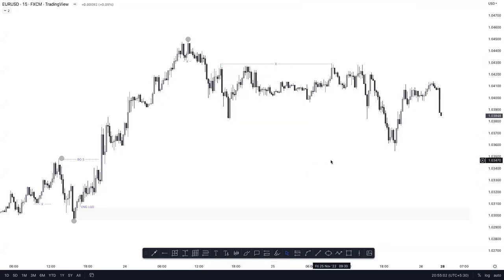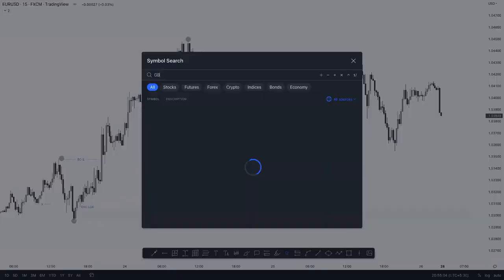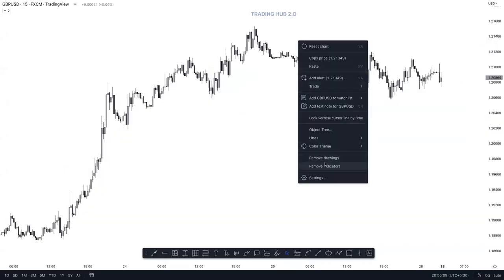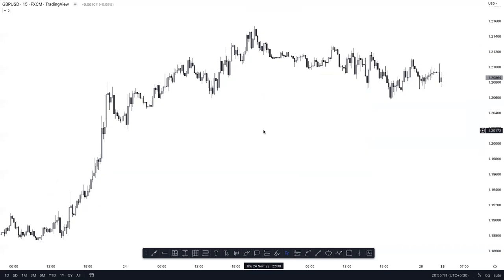Now switch into another pair, which is JPUSD. Now let's switch into the daily time frame structure.